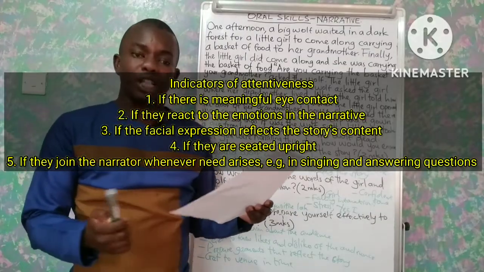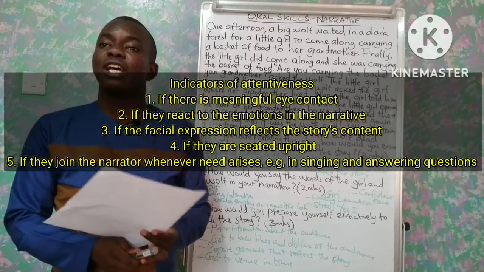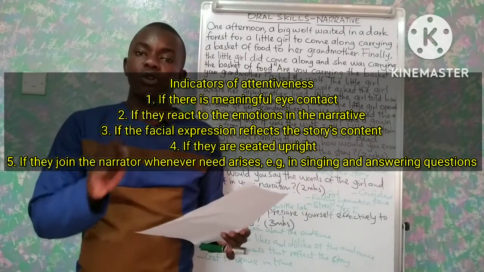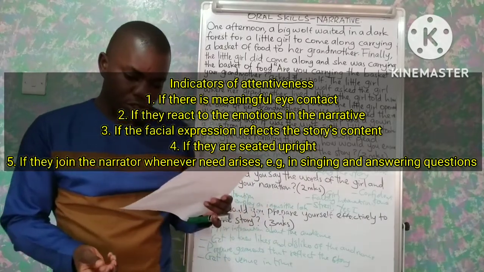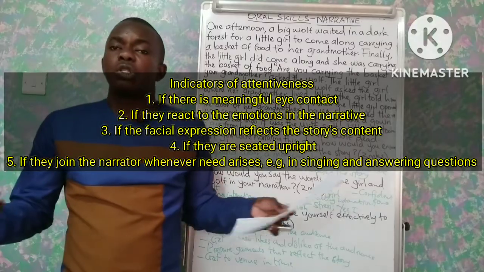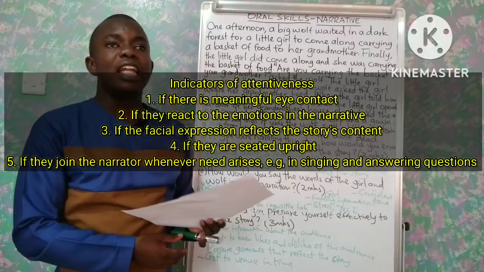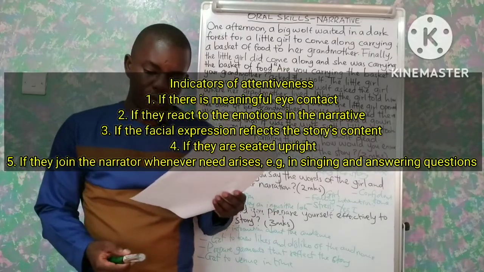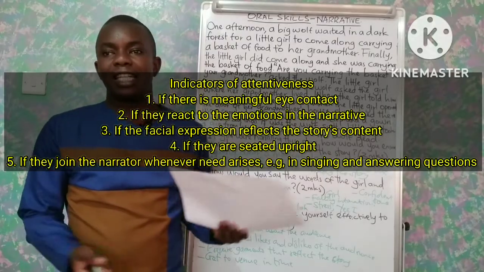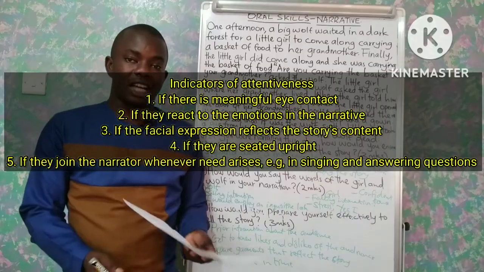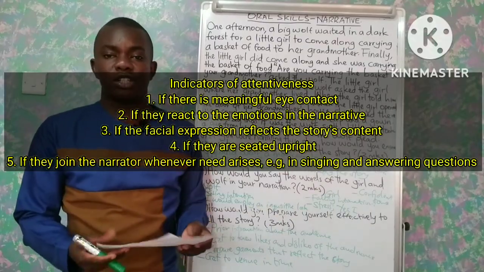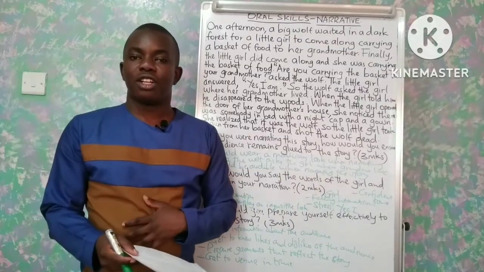You will also check their facial expressions to see if they reflect the content of the story. You will also check if the audience is seated upright and if the audience joins you whenever need arises, like in singing, answering questions, and so forth.